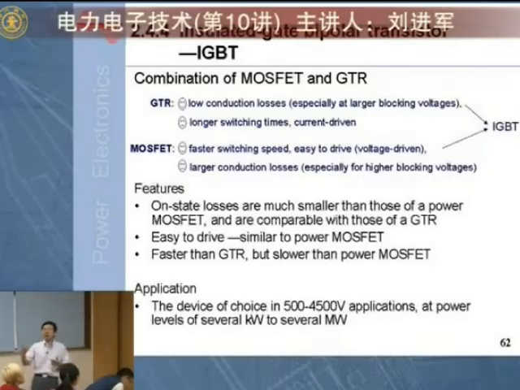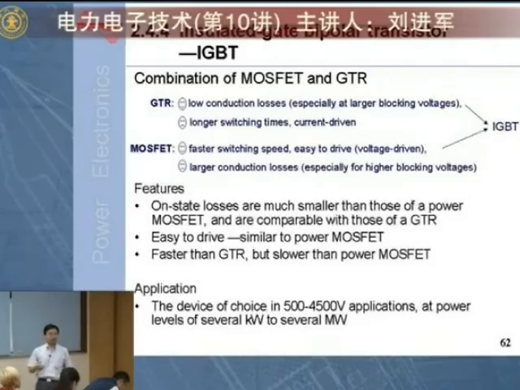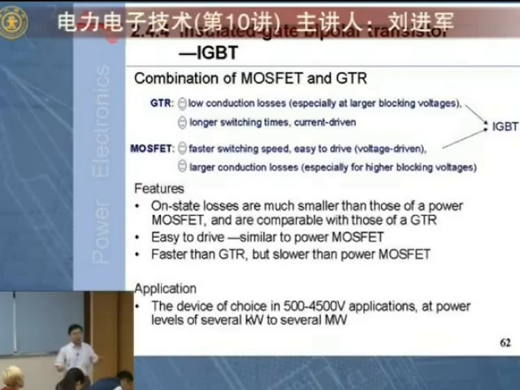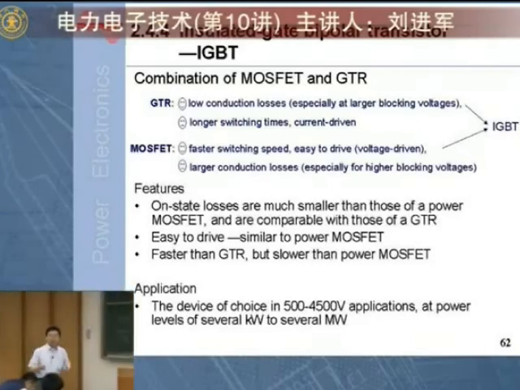Therefore, there's no conflict. I can block very high voltage, but at the same time, because I have conductivity modulation, I can also conduct very high current. For MOSFET, you cannot do that. But in all the other aspects, MOSFET is much better than GTR.